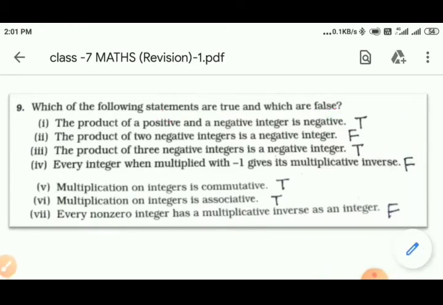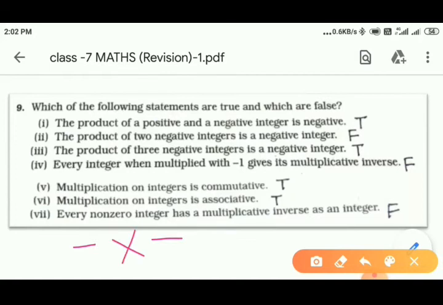Children, if we are taking two negative integers and multiplying them, minus times minus will become plus. Am I correct? So the product of two negative integers is not a negative integer, it is a positive integer. That's why this statement is false.